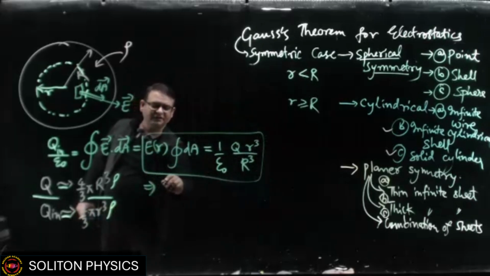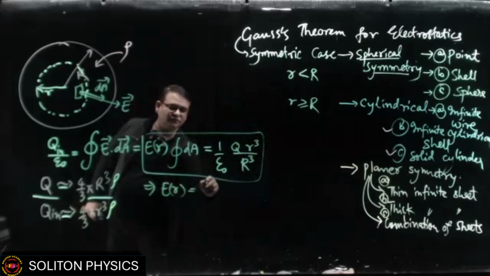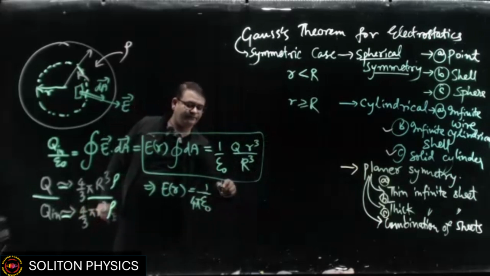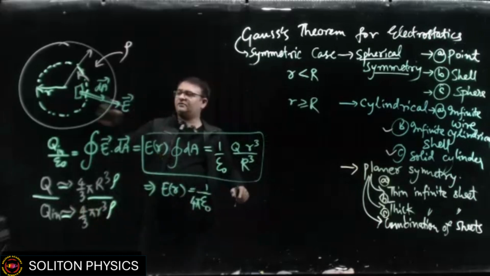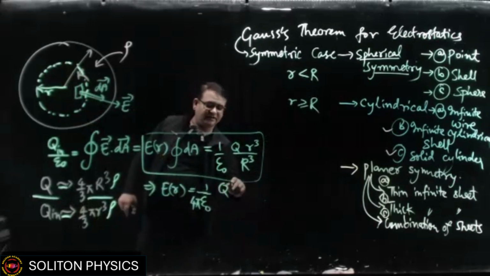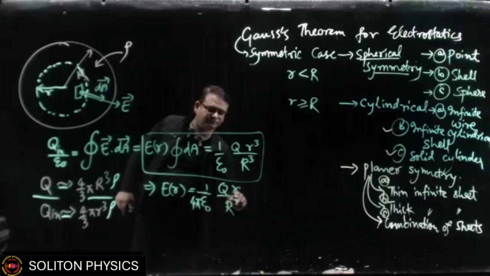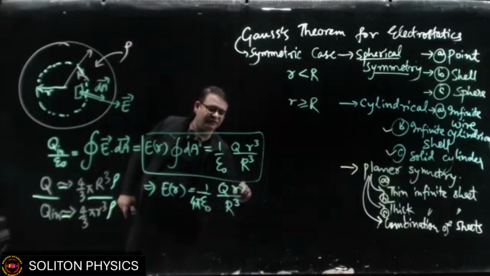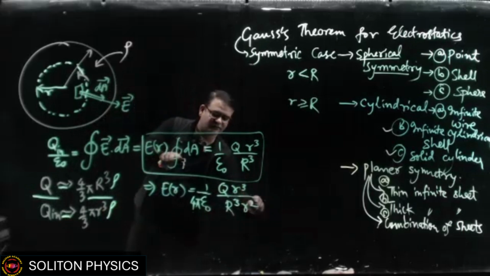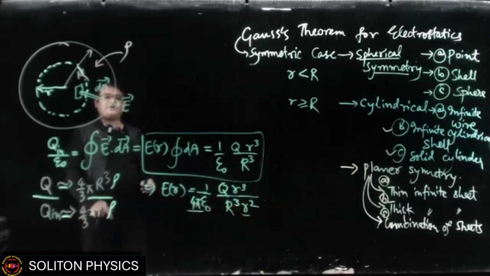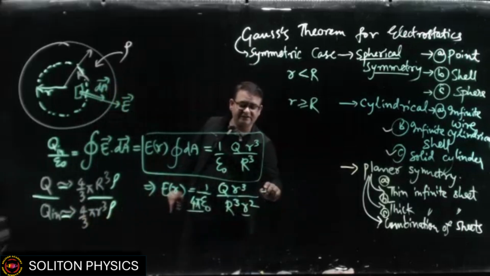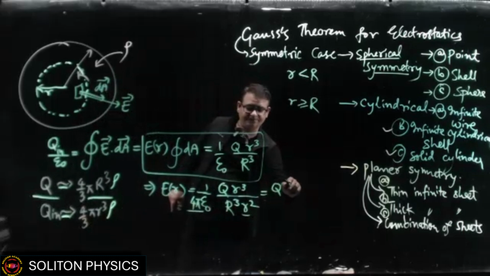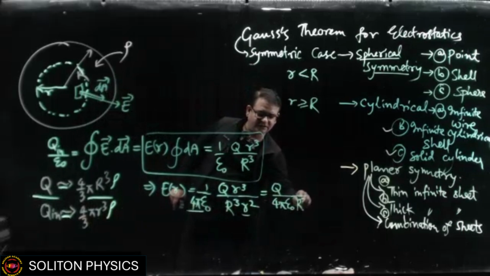And then I just need to solve this. This would give me E radial is equal to 1 by 4 pi epsilon naught, and this will be small r square. So it will become Qr by R cube, right? Because if this was R cube, here I would have 1 by R square because of 4 pi epsilon naught 4 pi R square, right? So you can see field is Q by 4 pi epsilon naught R cube into r.